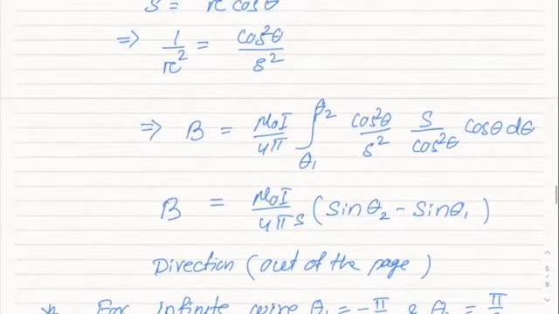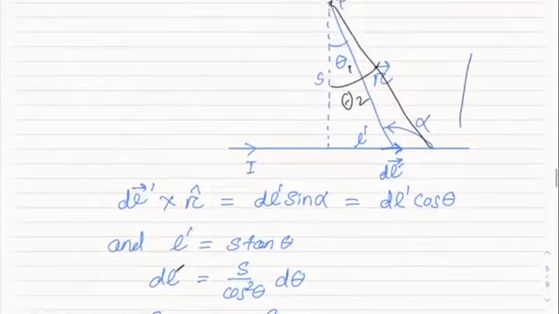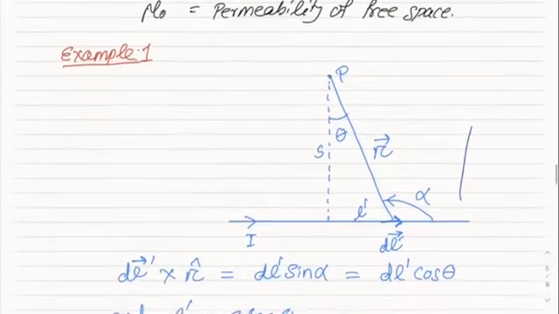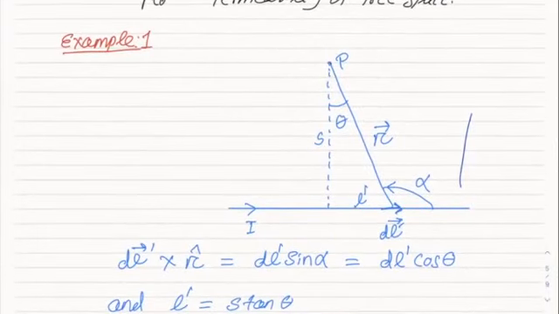What about the direction? So again, you go back to this. I'll erase this one for the timing, and then you see the direction. If you use your cross product rules, you will find dl cross r cap will point out of the page on the upper portion of this square, and going into the page at the lower portion.